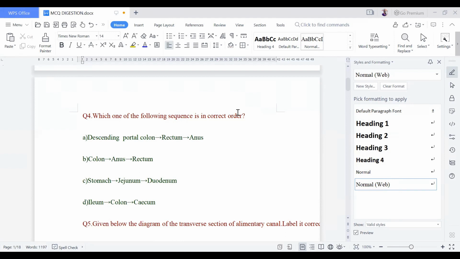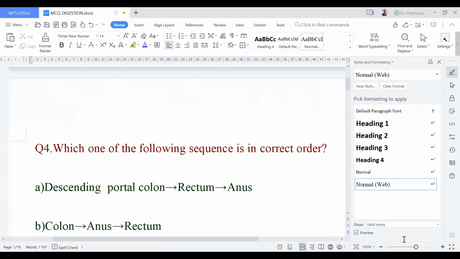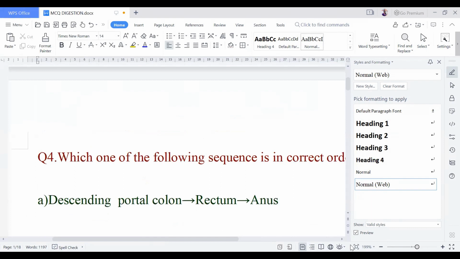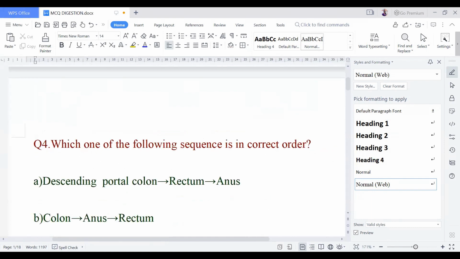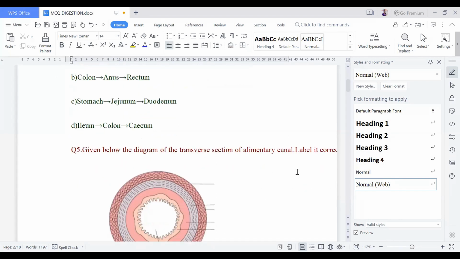Okay. Then read the question properly. Given below is a diagram of a transverse section of alimentary canal.